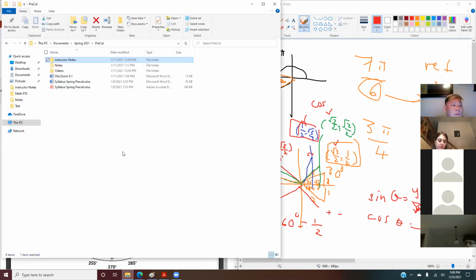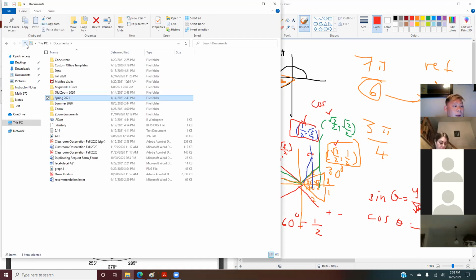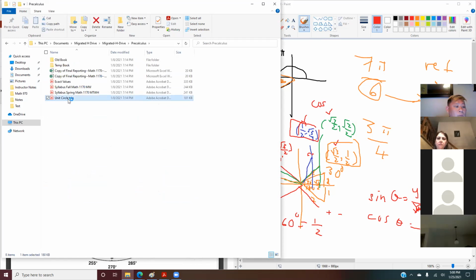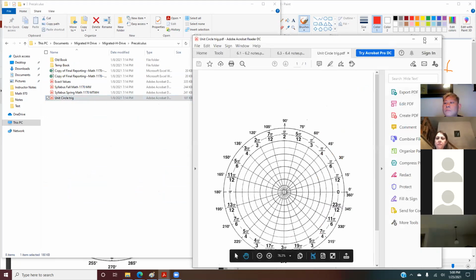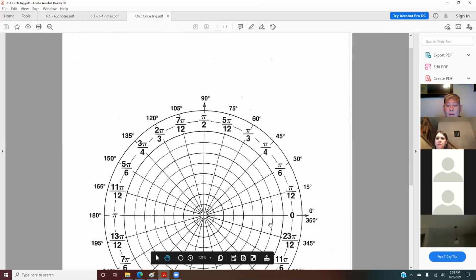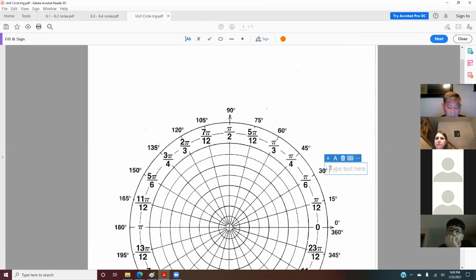Let me show it to you here so you guys can see it better. So on 30 degrees, this one will be square root of 3 over 2 and 1/2.